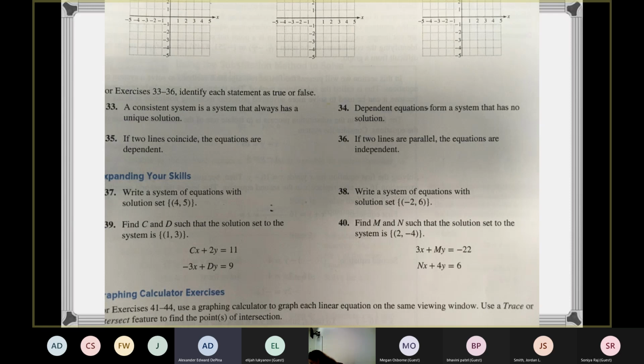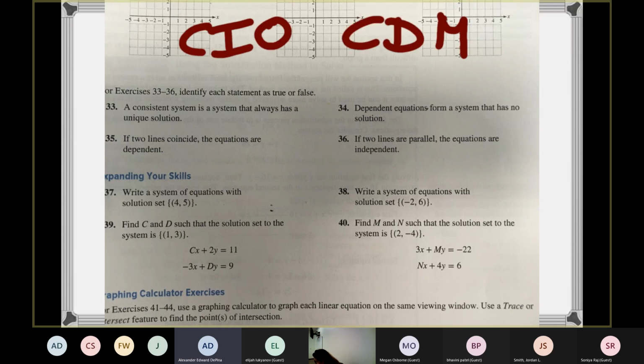What was the question? I forgot. A consistent system. So that could be CIO or can do math. And because can do math has infinitely many solutions, that makes this a false statement. Wait, what did you say?